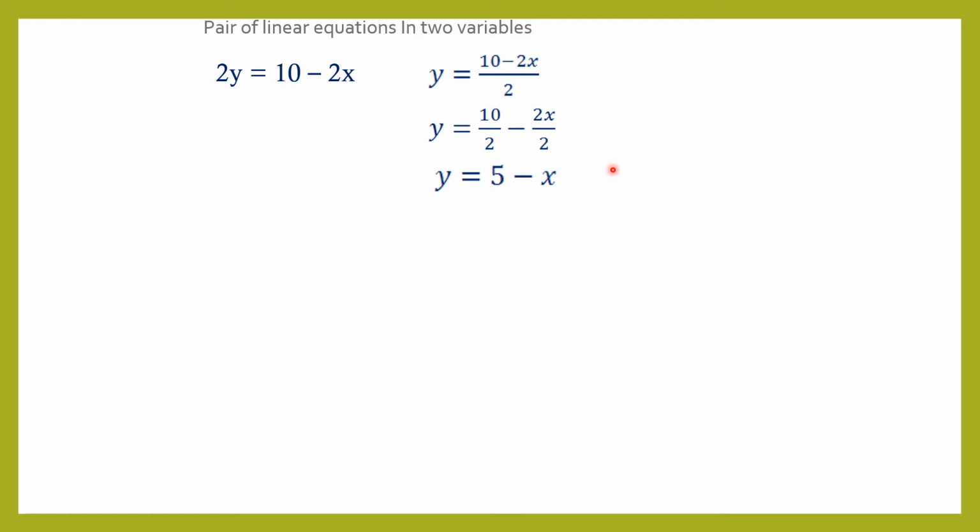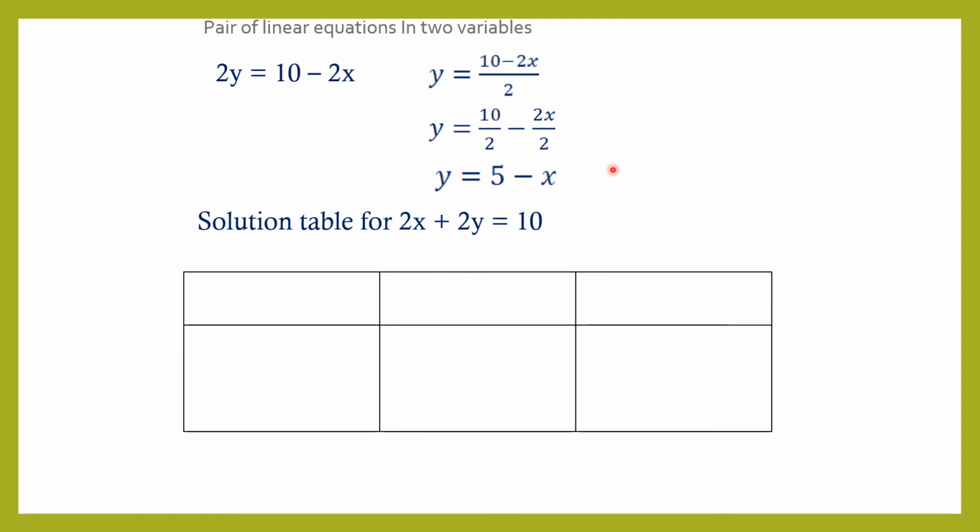Now we are going to the solution table for 2x plus 2y equals 10. Draw the table first, with x value and y value. Write x and y equals 5 minus x.